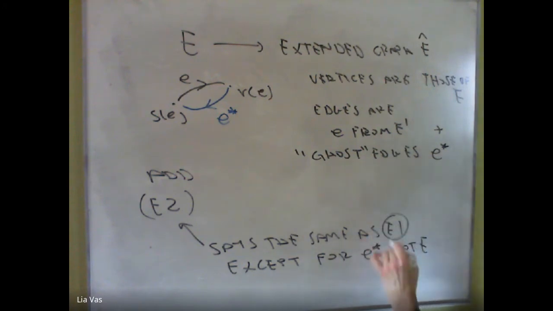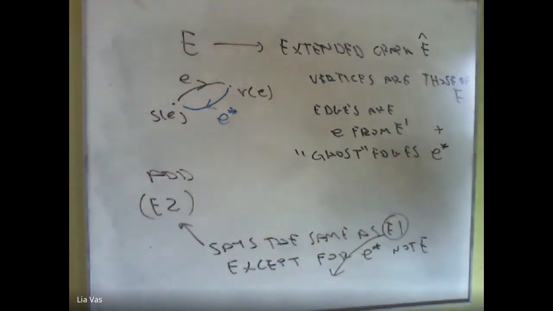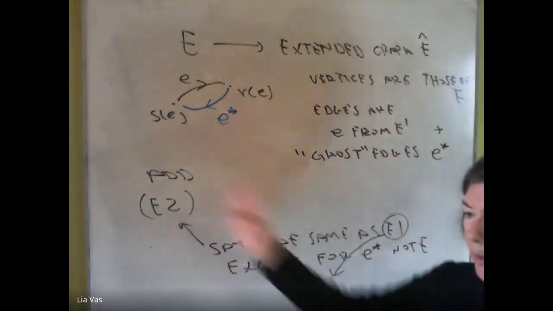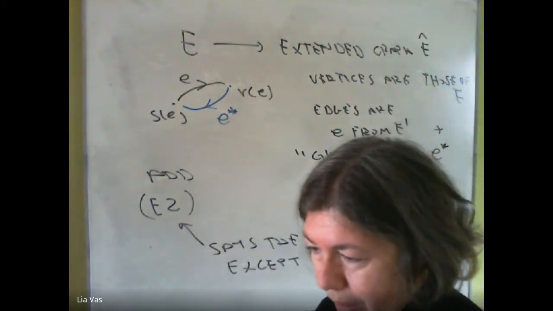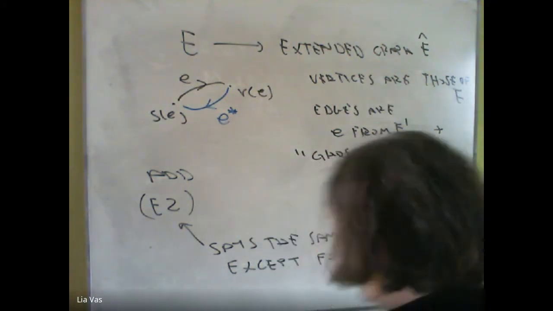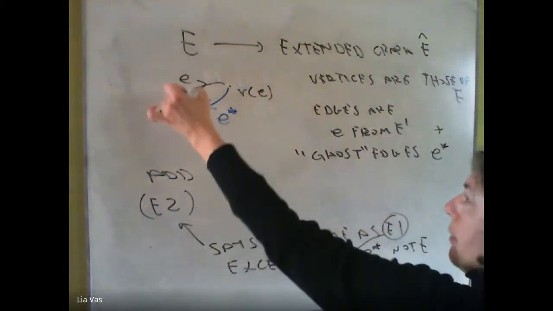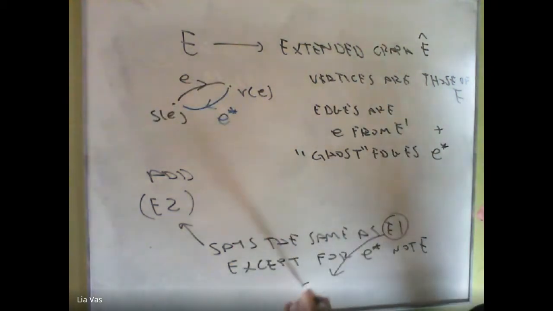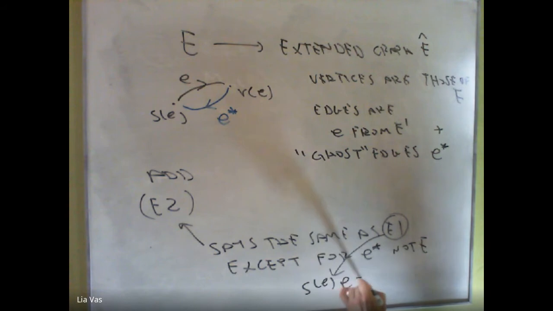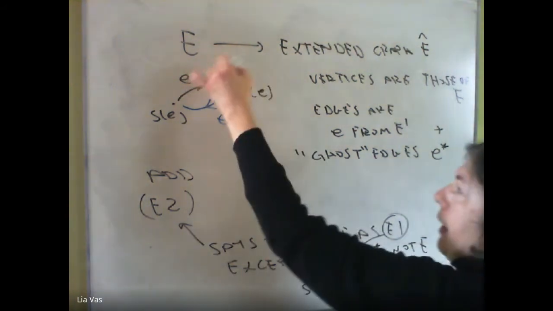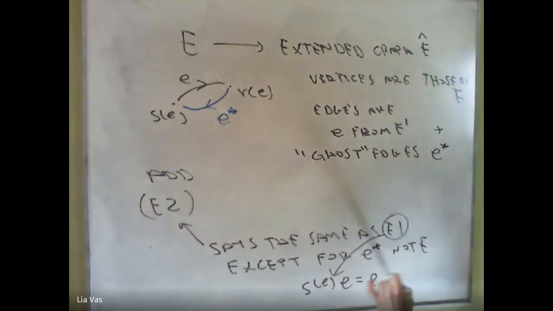Since we may forget what E1 is, let me write it down here, just so you see that it is the same exact thing. So what was E1 saying? Source of e times e is e, and e times range of e is also e.